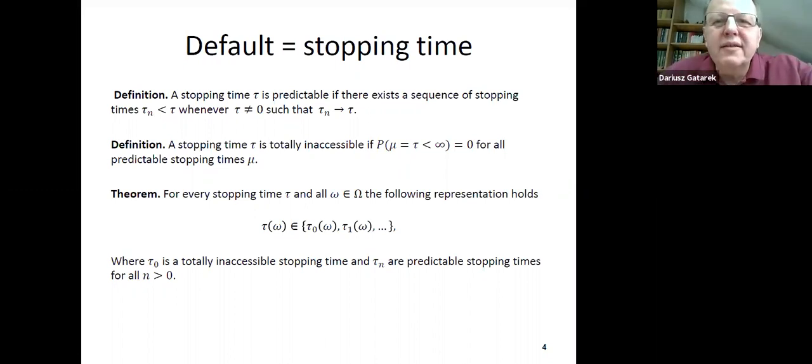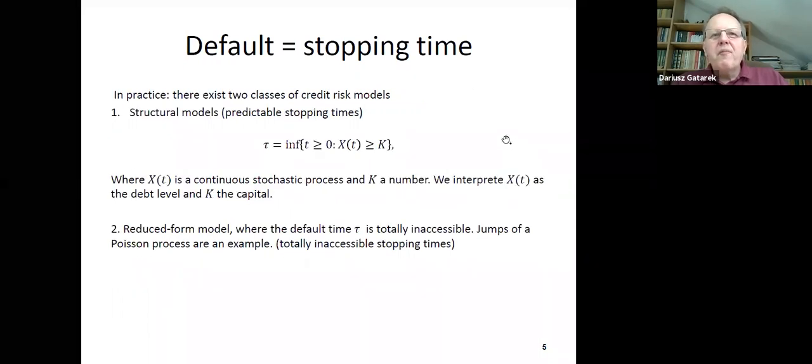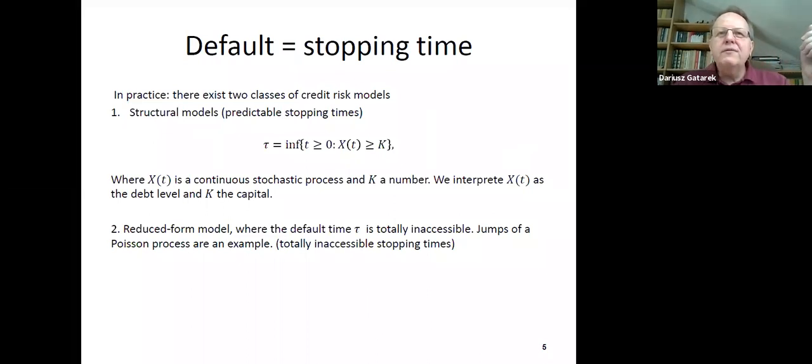So what is the practical consequence for the market practice of such a setting? Because this is mathematics from Strasbourg, Paris, but we are speaking about practical things. So in practical terms, that gives us two ways of modeling default times.